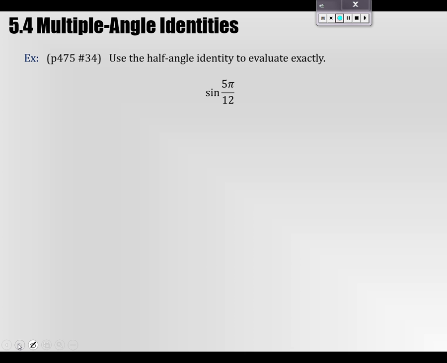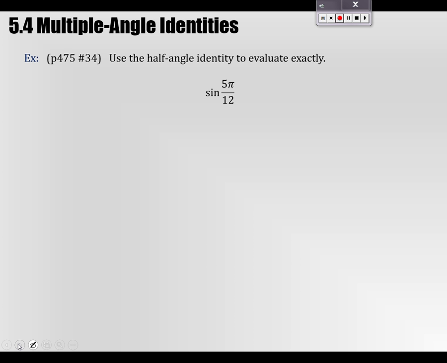There's one last thing that I think is kind of critical for us to understand, and that's how to resolve this expression, or ones like it. I already hinted at it today, but I wanted to think with you about how to set this up. I don't know the sine of 5 pi over 12, but I do know how to deal with 5 pi over 6, don't I? So if I think about this as 5 pi over 6, then I can use the half angle identity for sine. 5 pi over 12 is in the first quadrant, so it has a positive sine value.